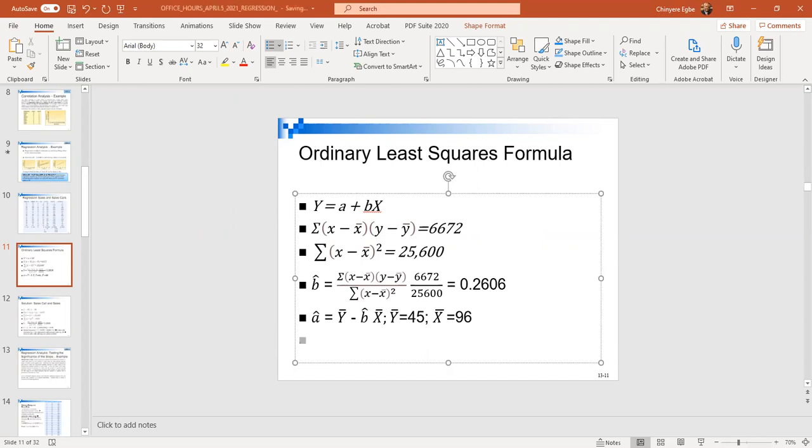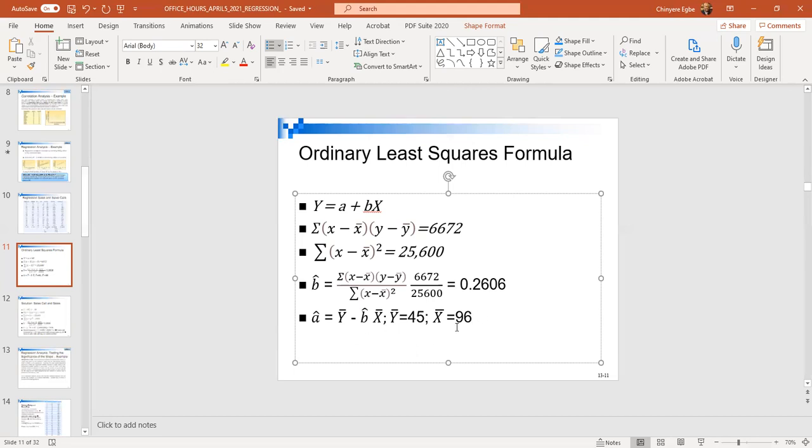But now we have to estimate A. We have estimated B using B hat. So now we have to estimate A. All right. So A hat is equal to Y bar minus B hat times X bar. We know that Y bar, the average of Y, is 45, and X bar, the average, is 96.